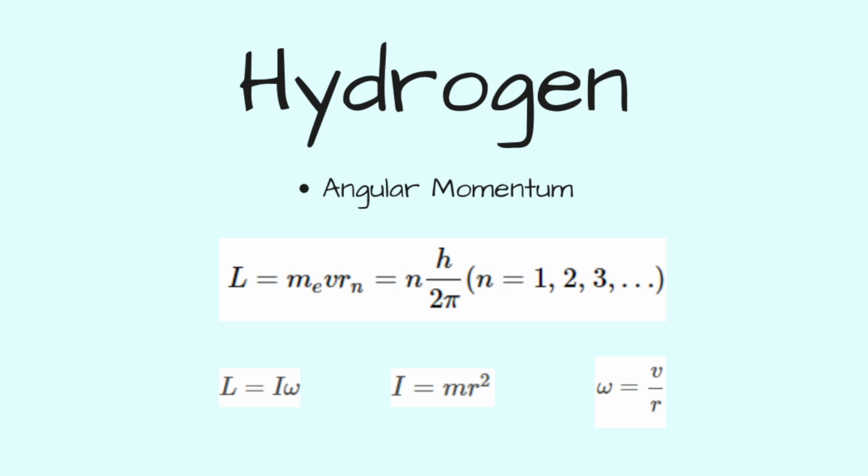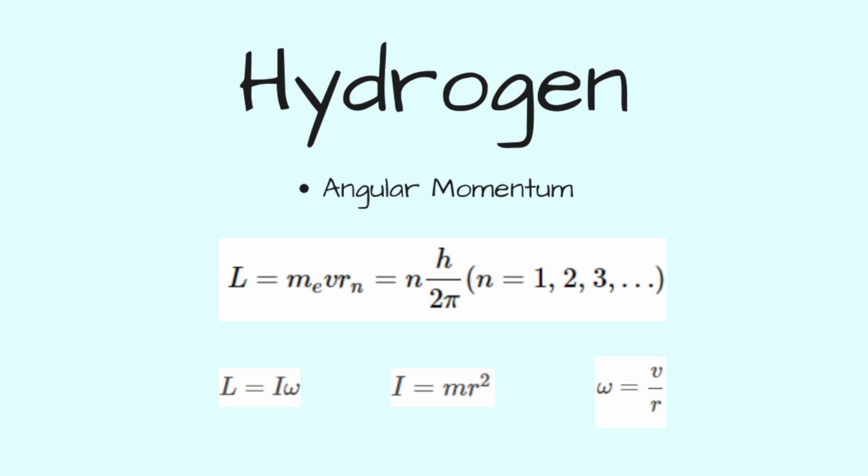L is equal to m sub e times v times r sub n comes from L is equal to I times omega, where I is the moment of inertia, and for a very small object, I equals the mass times the radius of the circular path squared.